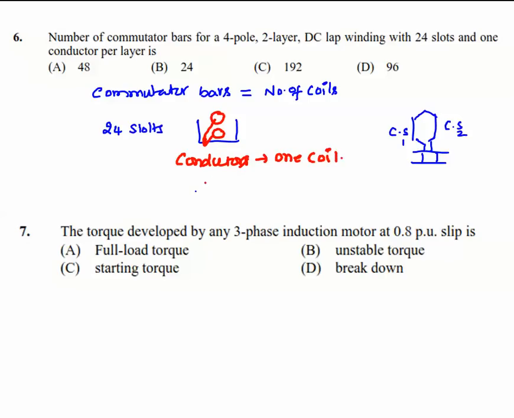That means 24 slots will make 24 coils. That's nothing but 24 commutator bars or segments. And the solution for this problem is B.